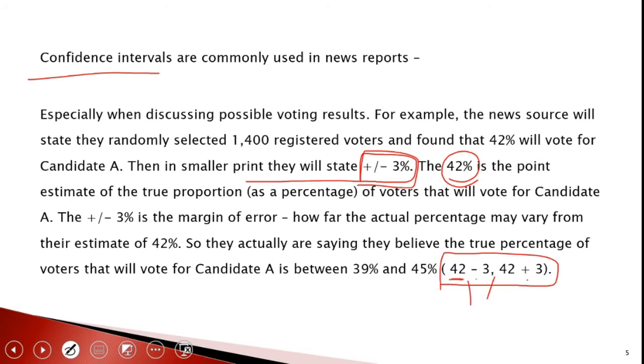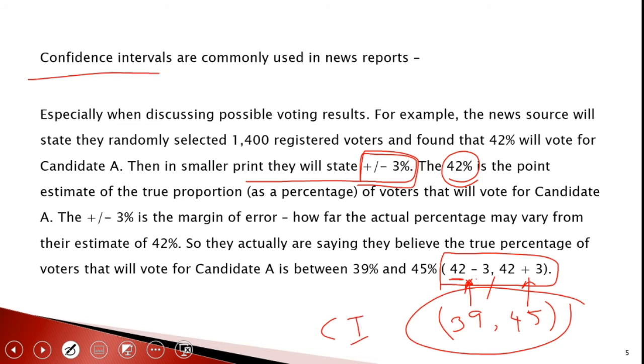So this is the minimum value and this is the maximum value, which means this is 39, this is 45, something like that. So within a range. See, it's a range. Confidence interval, simply we call CI, confidence interval.